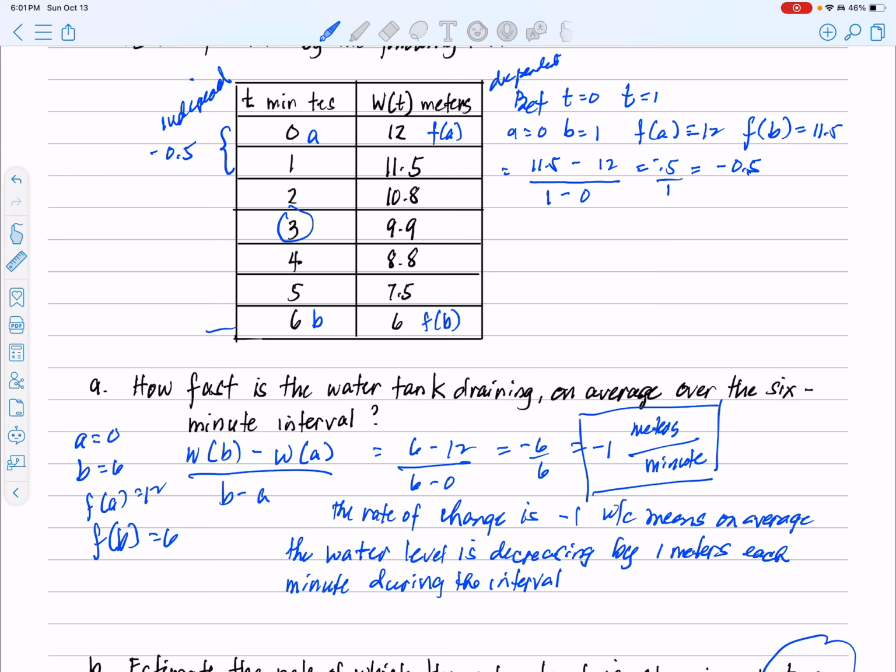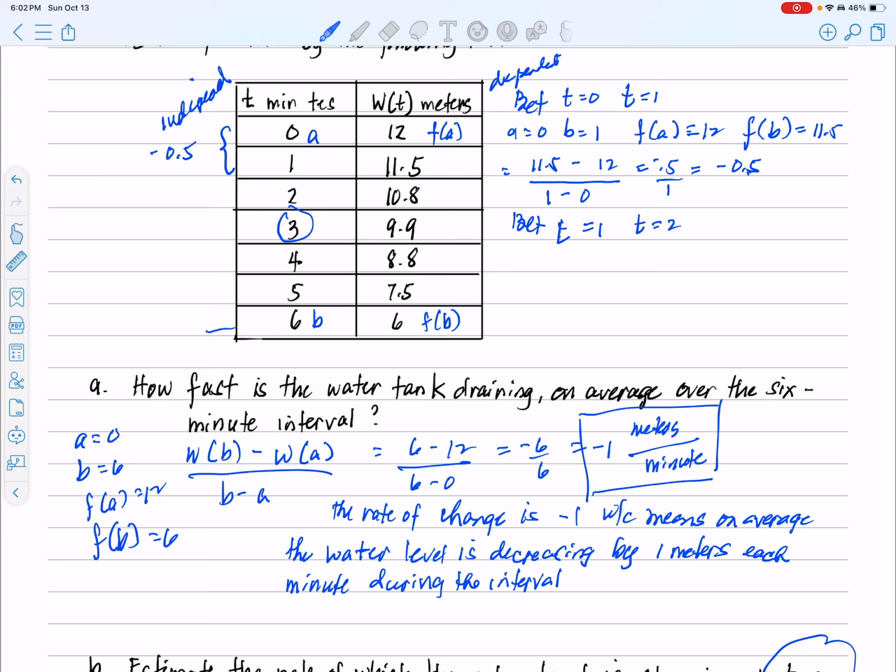Okay, let's do between t is 1 and t is 2. Okay, that's between 1 and 2. All right, let's do this. So our t is 1 now.